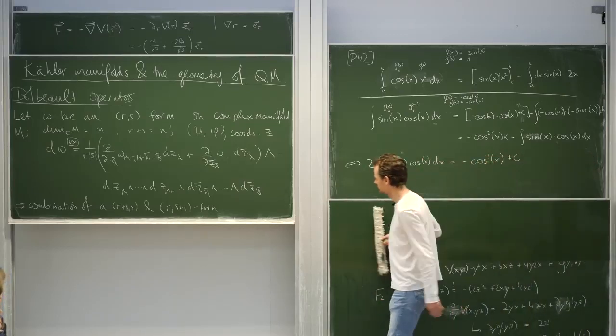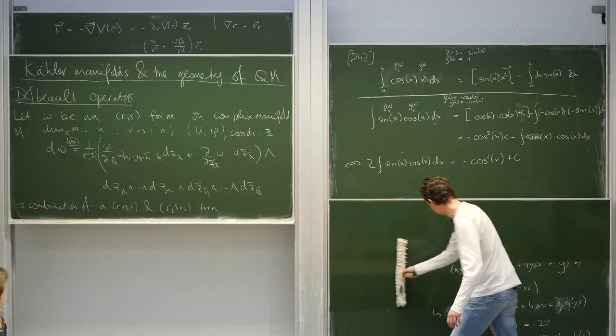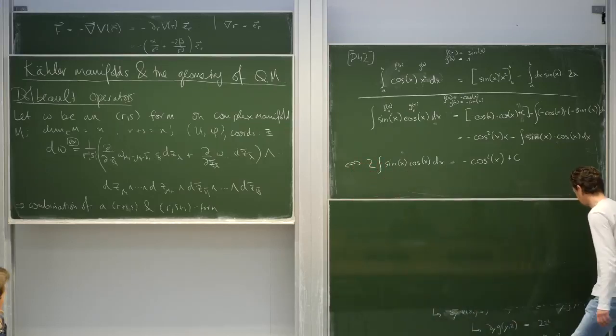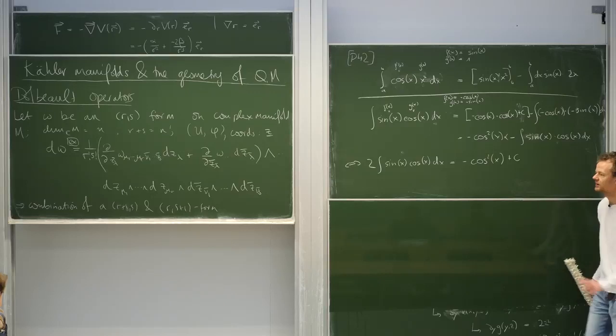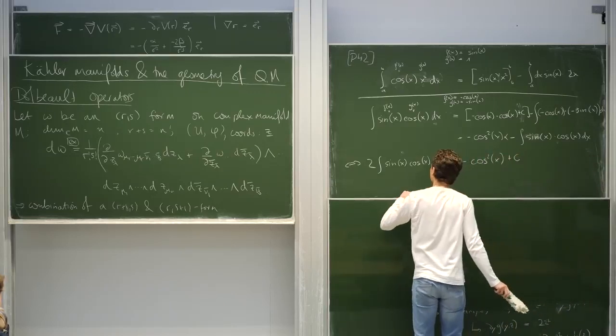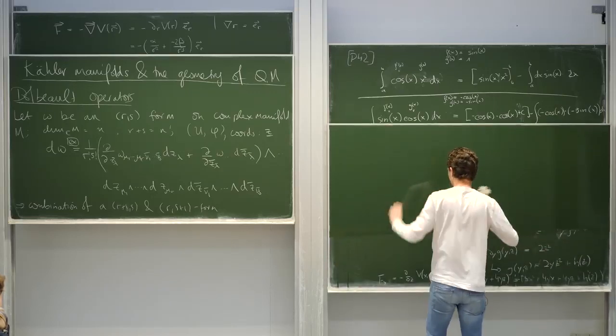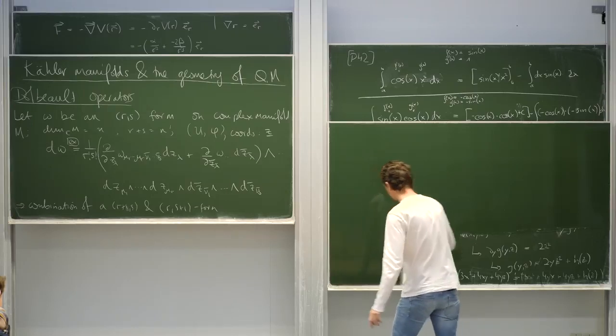We see that the exterior derivative on a complex manifold itself can be written as a holomorphic and an anti-holomorphic part.